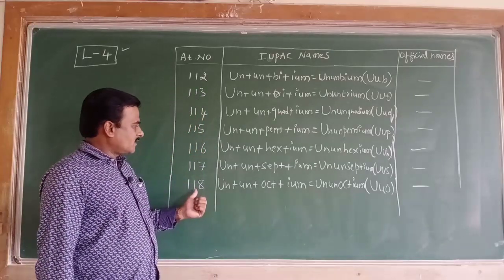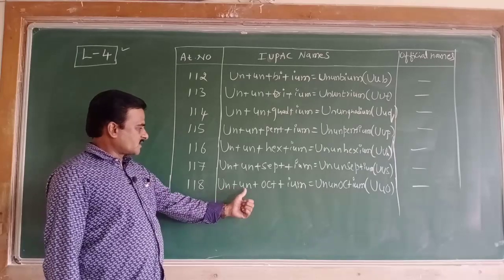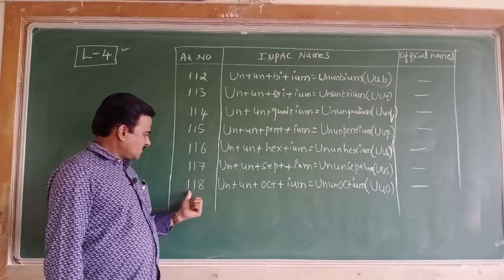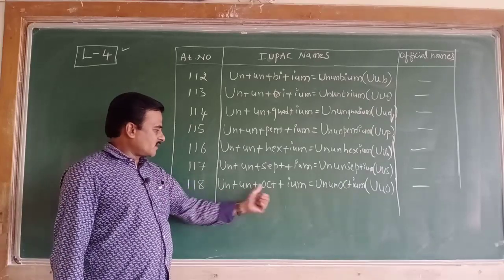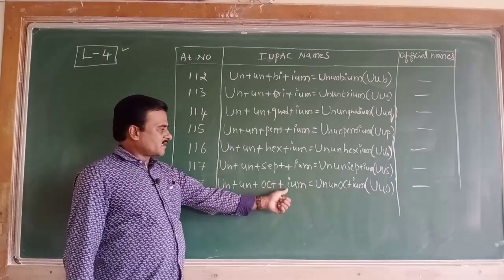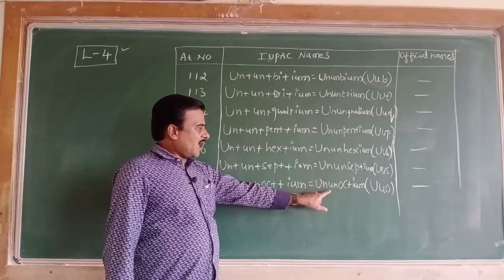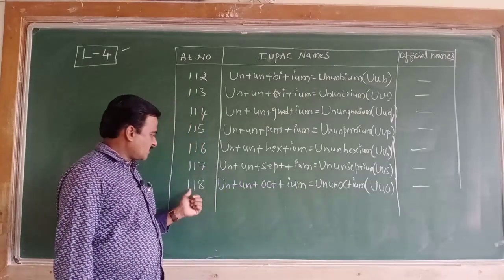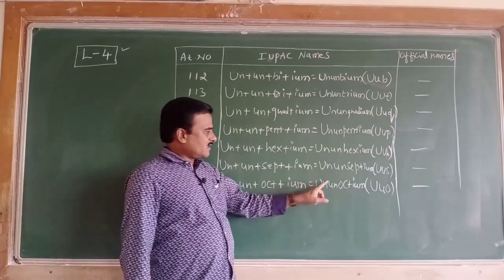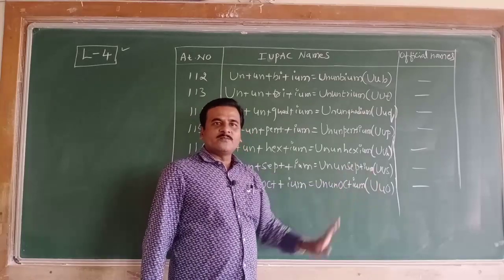For 118, as you know, it is un plus oct. The digits are written in the order in which they appear in the atomic number, plus the suffix IUM added at the end. Therefore, the IUPAC name of the element with atomic number 118 is ununoctium, symbol UUO.